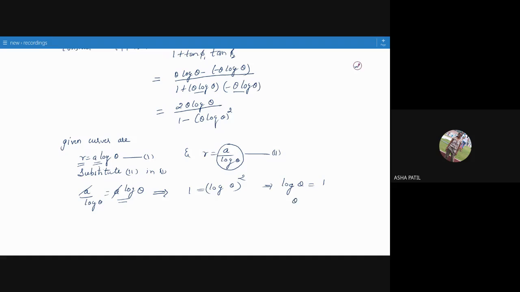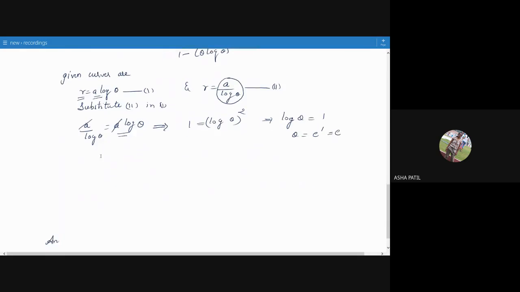If log theta equals 1, we have theta equal to e raised to 1, that is nothing but e. Now let us substitute them in this equation. Let us call this as 3. Now substituting the value of log theta and theta in equation 3.